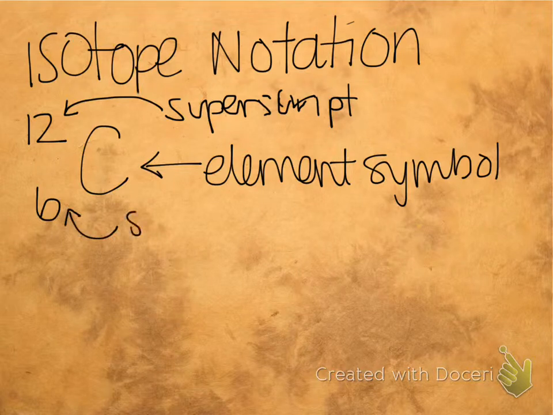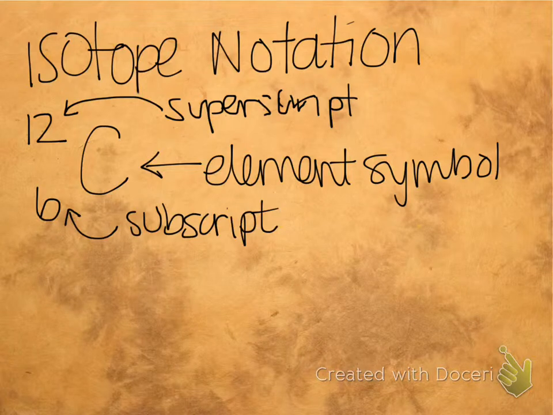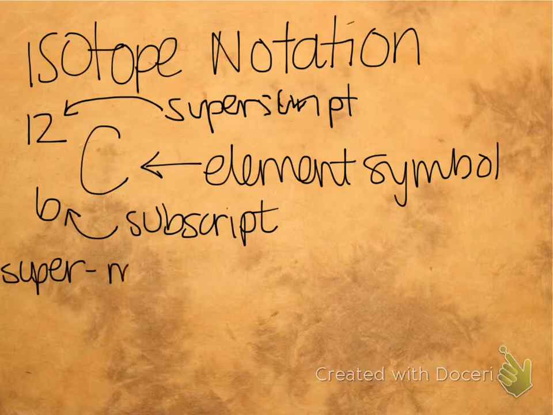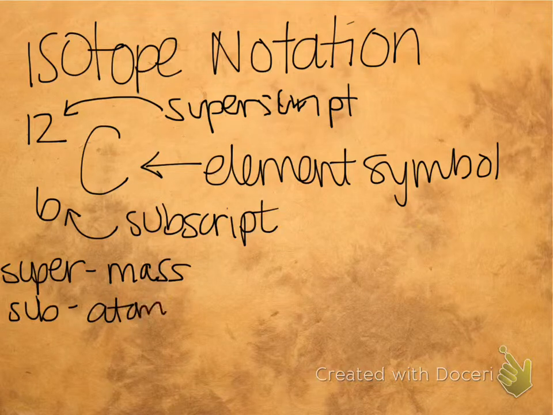And this is our subscript. Now we need to see what each of these numbers mean. The superscript represents the atomic mass. The subscript is the atomic number. And the element symbol represents what element we are discussing.